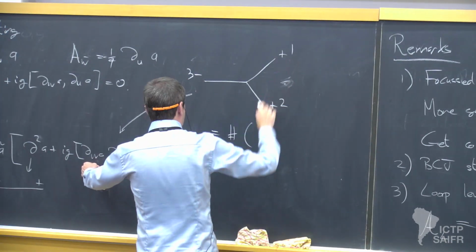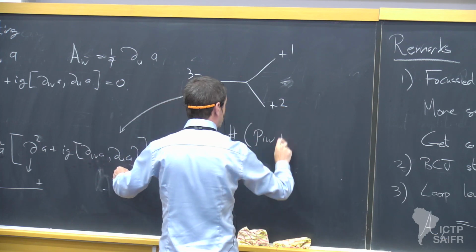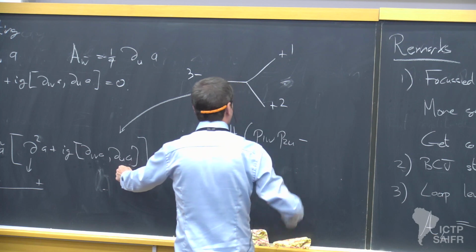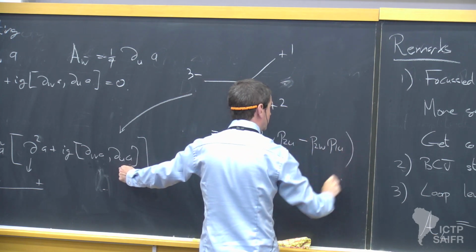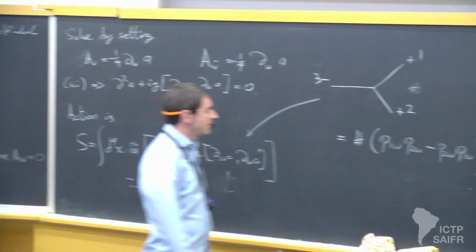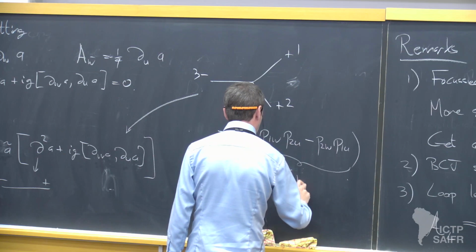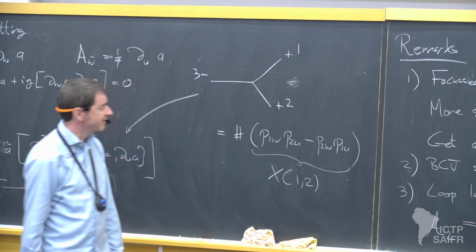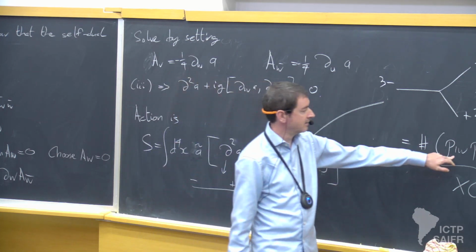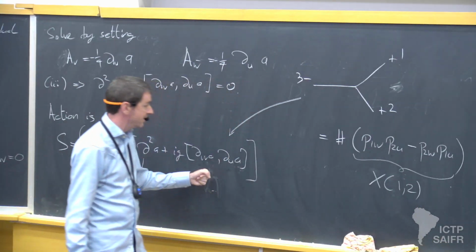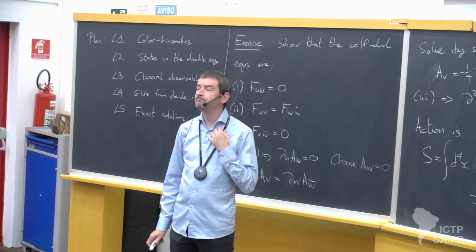Well, I have to differentiate these momenta, so I'll get P1W, P2U, minus, because of the commutator, P2W, P1U. Right. So in this quantity here, I'm going to give it a label. I'm going to call that X, X of 1, 2, X of P1 and P2. It's just some antisymmetric object, right? Some bracket made of these momenta. Okay, any questions so far?